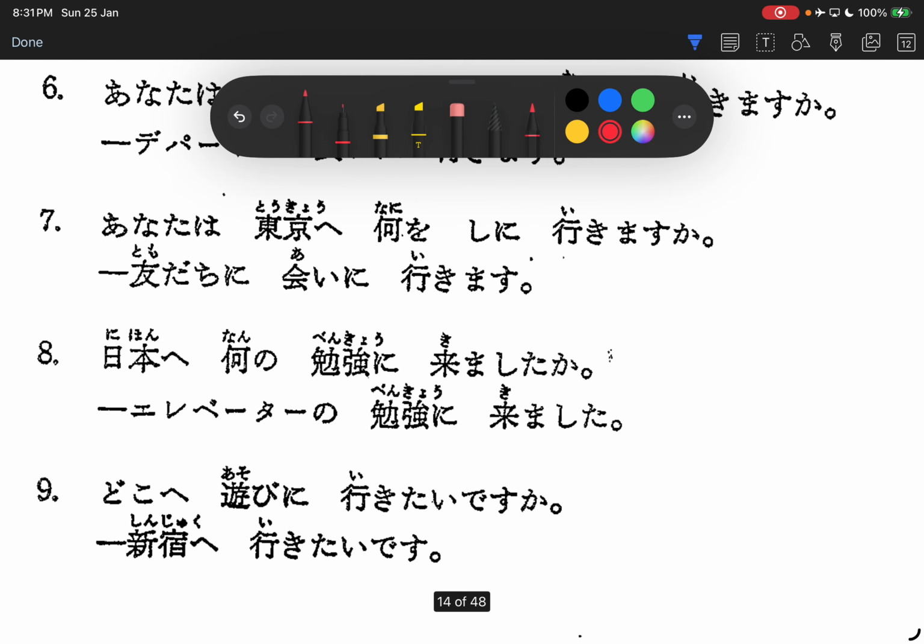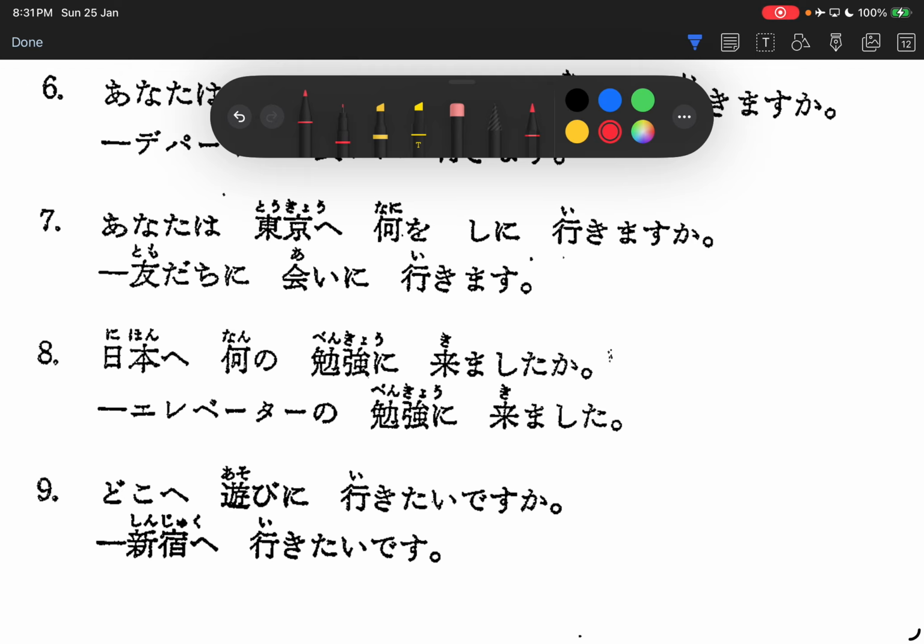So for the purpose of buying I go, 为了买而去. Number 7. あなたは東京へ何をしに行きますか？ Here しに means do. For the purpose of doing you go. But we never say do what, right? So 何をしに comes from the word 何をします. Remember the time we talked about tennis? テニスをします.